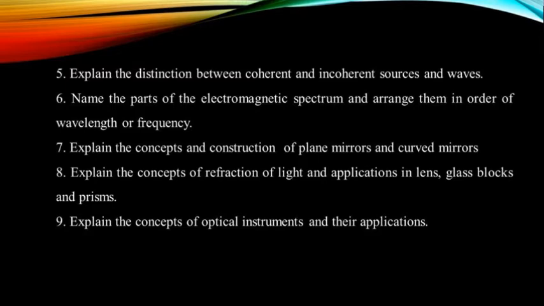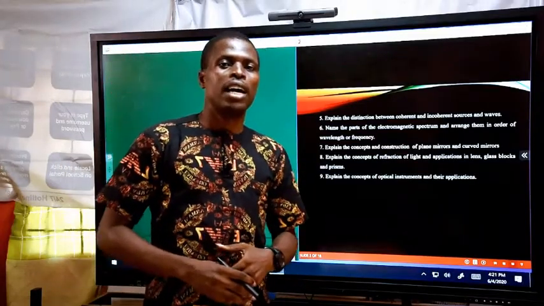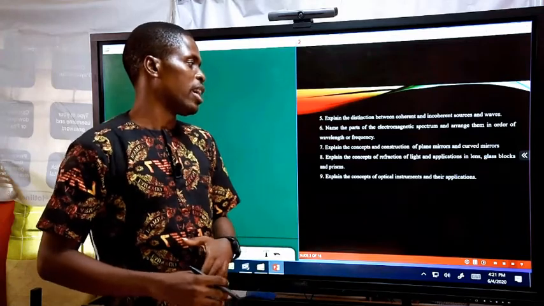We're going to look at the concept and construction of plane mirrors and curved mirrors, application and uses. We'll also look at refraction of light through lenses and glass prisms. Also, in this topic, we are going to explain optical instruments and their applications and other related terms.